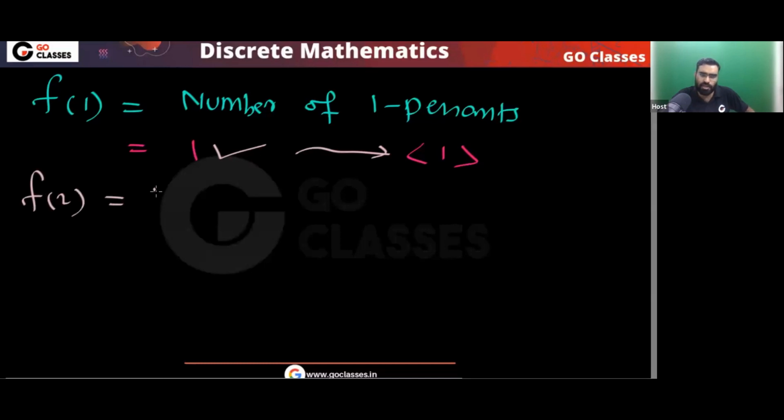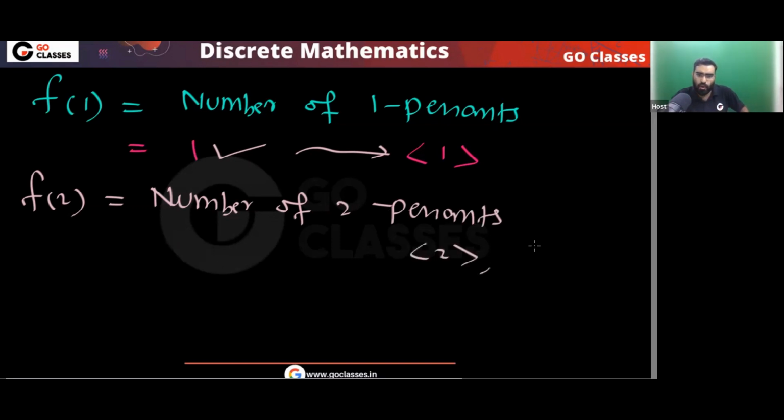How many two pennants can you create? If I want to create two pennants, either I can do this, or I can do this. So the number of two pennants will be two. These are the initial conditions.